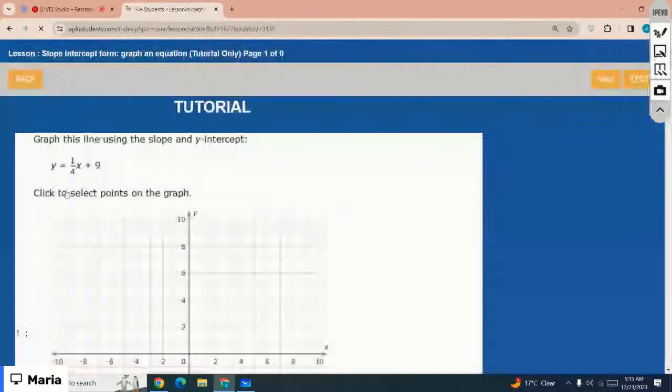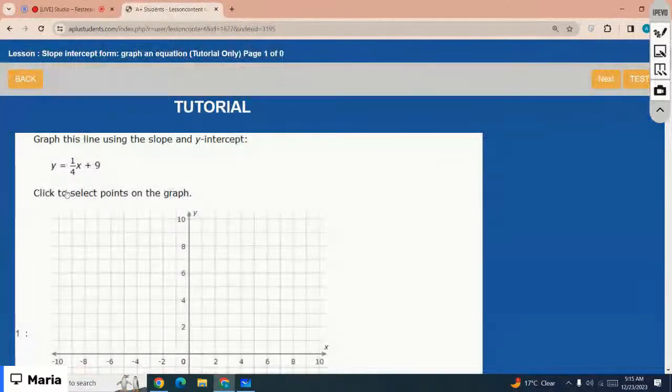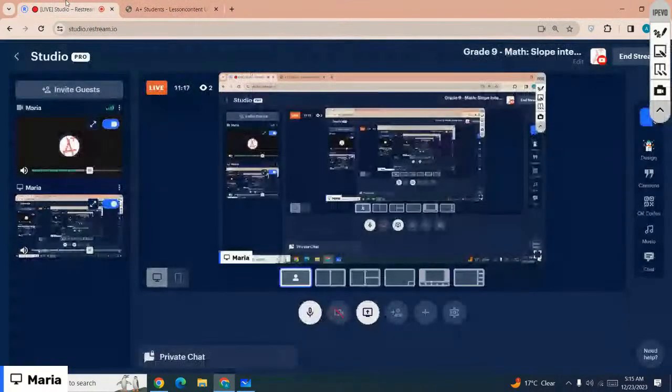You are given the equation and you need to graph it. We are going to learn how to make a graph when we are given the equation.